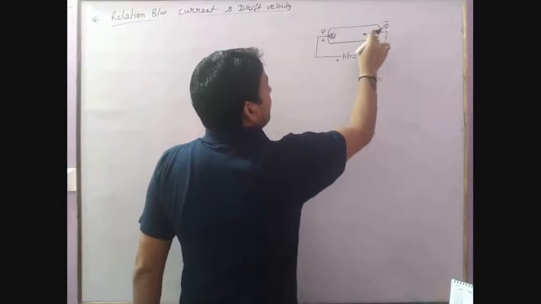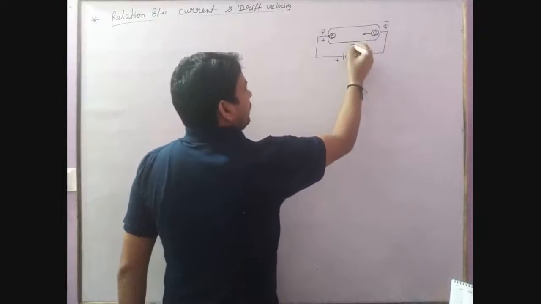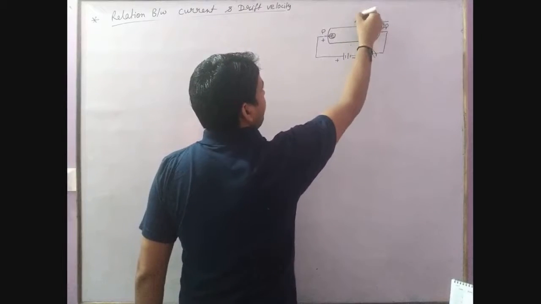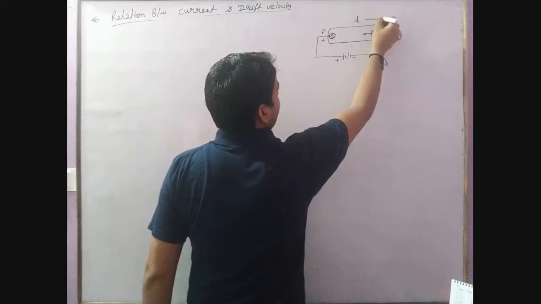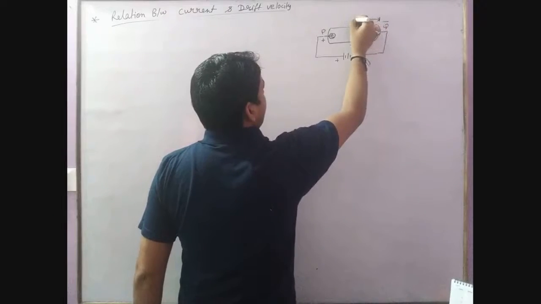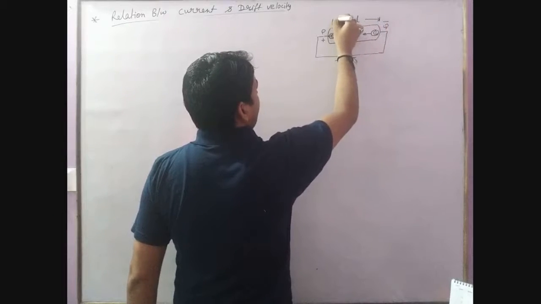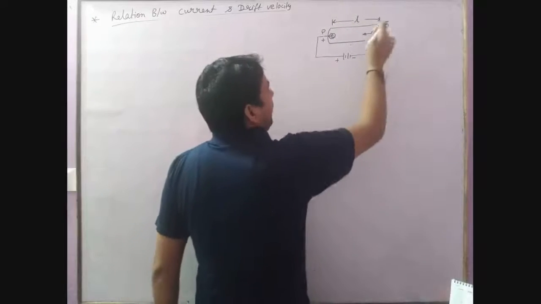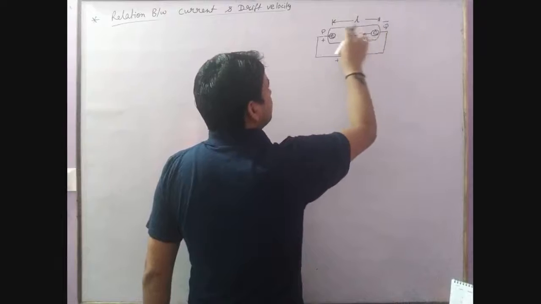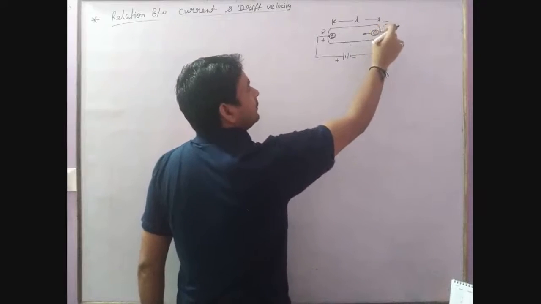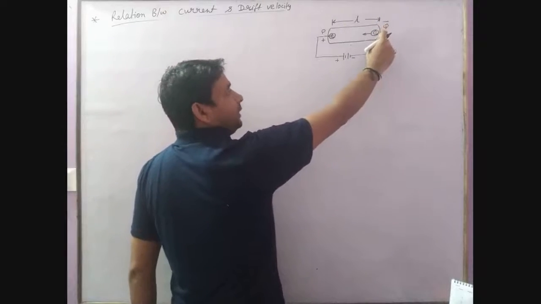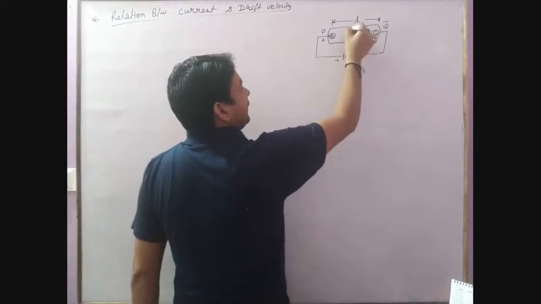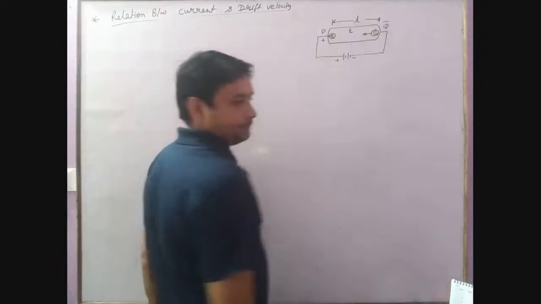Here the electron is moving with a velocity. The length of the conductor from P to Q we take as L, and let's say the time taken by the electron to move from Q to P is small t.